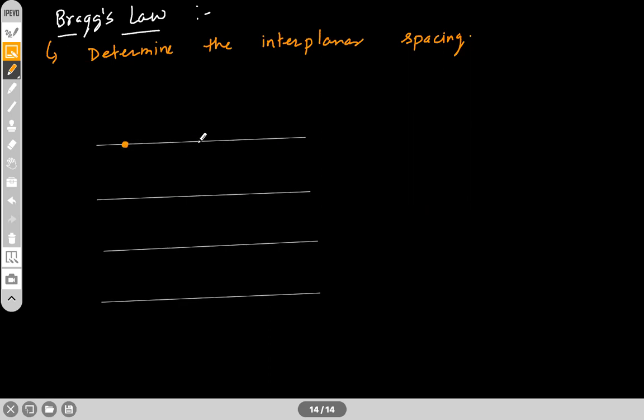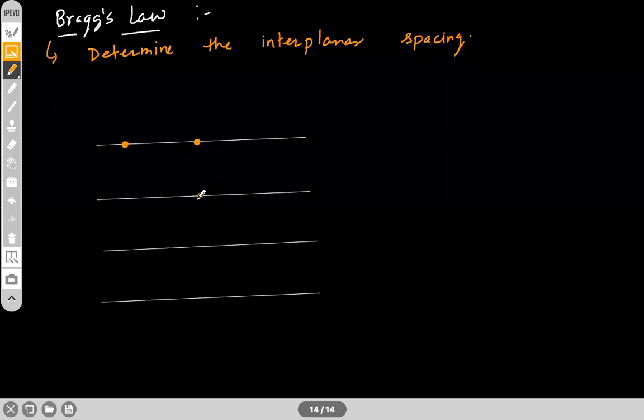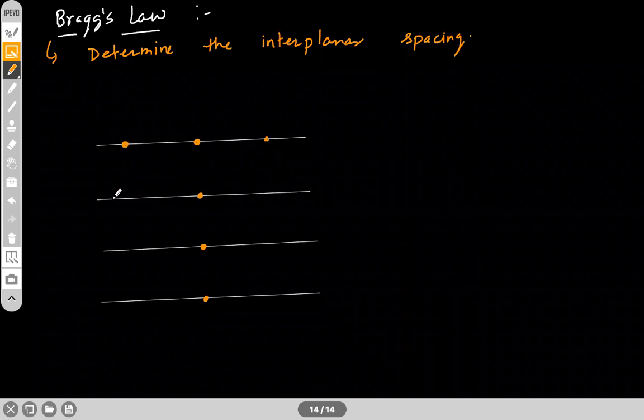Suppose at this point, this is the center, we have atoms present like this. So interplanar spacing is this distance.